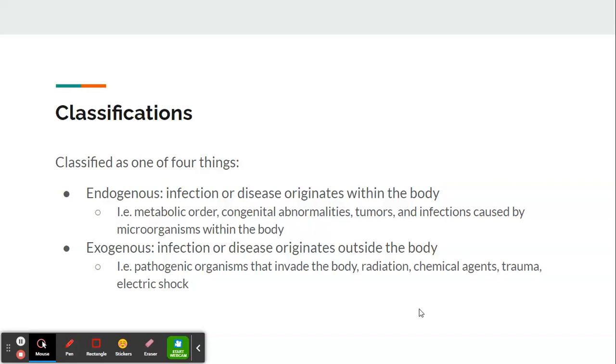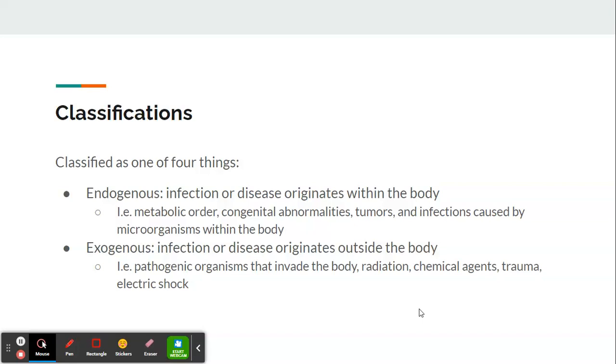We're going to see these pathogenic microorganisms, or these disease-causing organisms, classified in one of 4 ways. We have endogenous, which is an infection or disease that originates within the body. So endo, it starts inside the body.